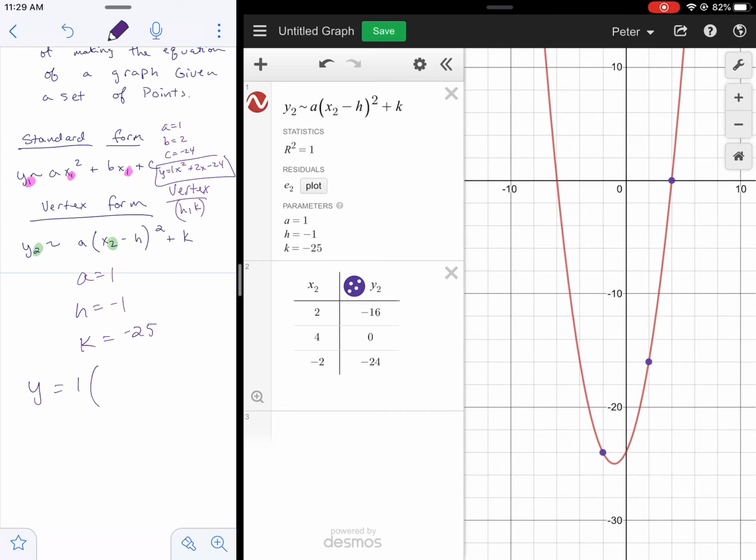So 1 parentheses x minus negative 1 squared plus negative 25. All right, so y equals x plus 1 squared minus 25.